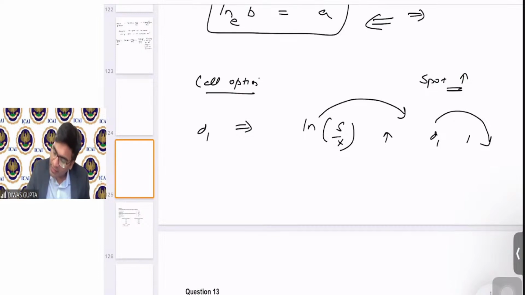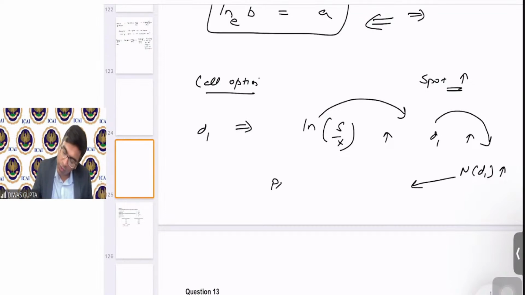This will increase D1 and this will also increase ND1, students. The moment it increases ND1, this will also increase the premium. So you see the direct correlation. If the spot price increases, the premium will also increase.